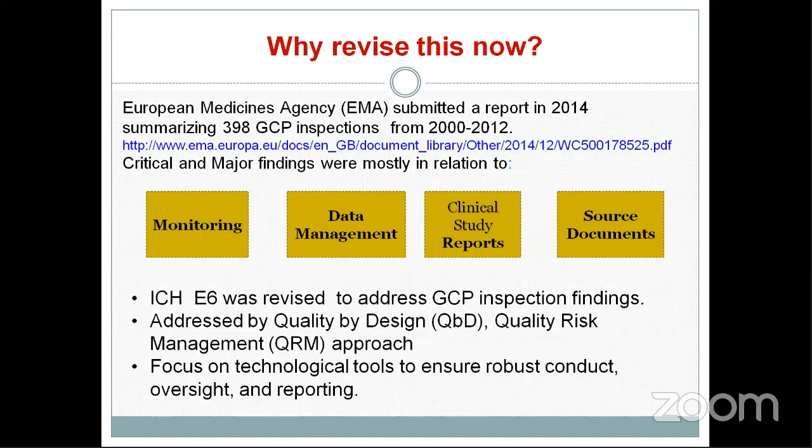The critical and major findings were mostly in relation to monitoring, data management, clinical study reports, and source documents. Therefore, ICH revised to address the GCP inspection findings, and these were addressed by introducing the quality by design approach and quality risk management approach. The focus is also on technological tools to ensure robust conduct, oversight, and reporting.